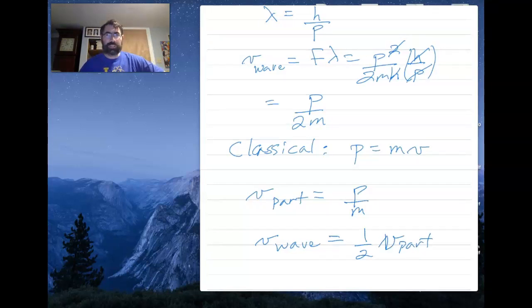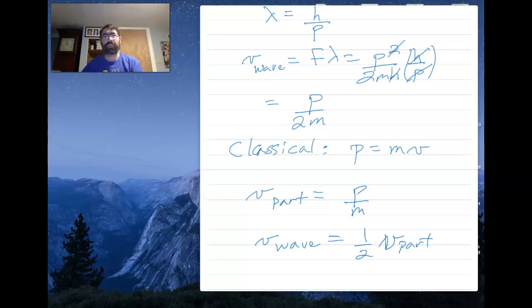So now we're stuck. Because if a particle in quantum mechanics is really just a bunch of waves added together, it seems to be moving at half the speed of a little lump of mass that Newton thought about in classical mechanics. So what's the problem? Well, the problem is the way that we're thinking about this wave packet. This wave packet is not just a bunch of waves moving in this direction.